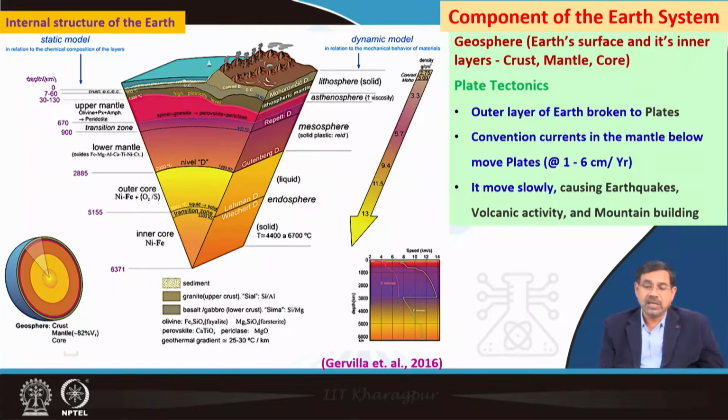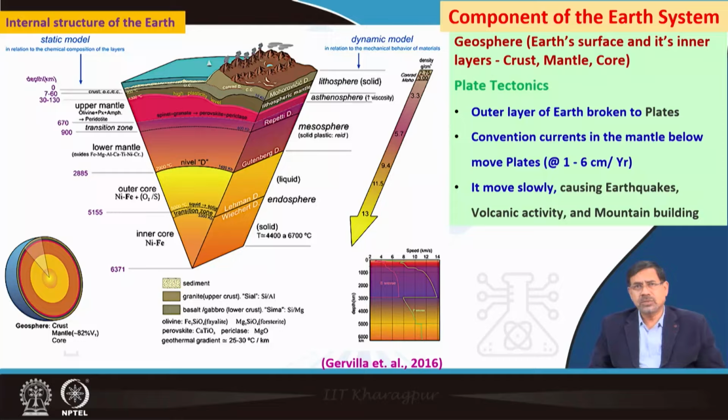On the other side, this is in terms of the density level. When we go down, we have the upper mantle, the lower mantle, and in between a transition zone, and down below you have the Earth's core, the outer core and the inner core, which has a dominant composition of nickel and iron.